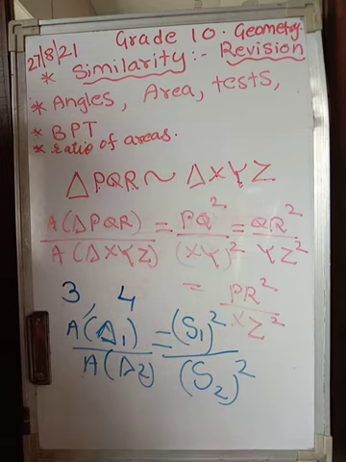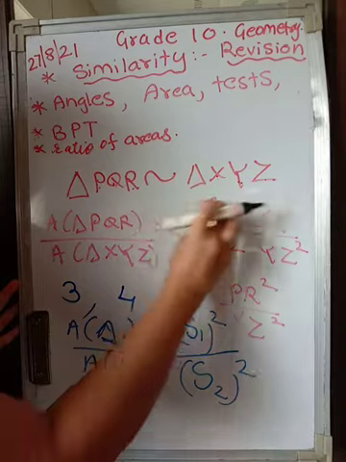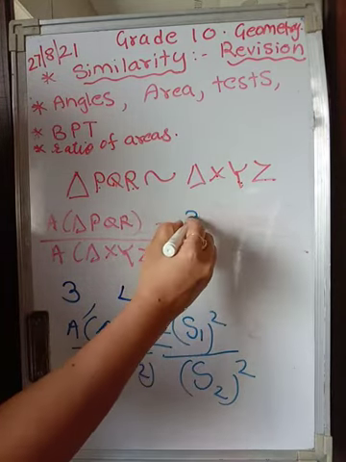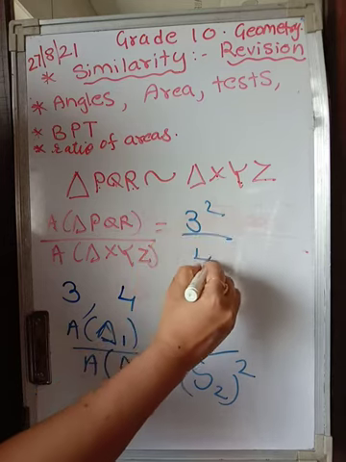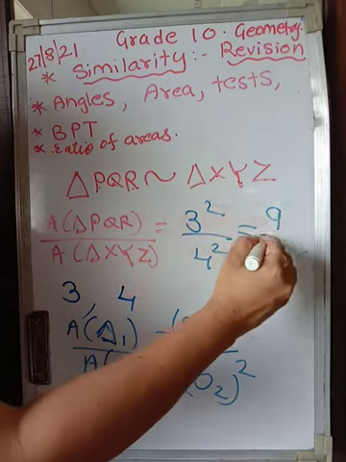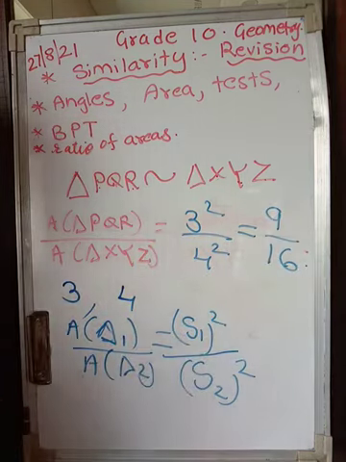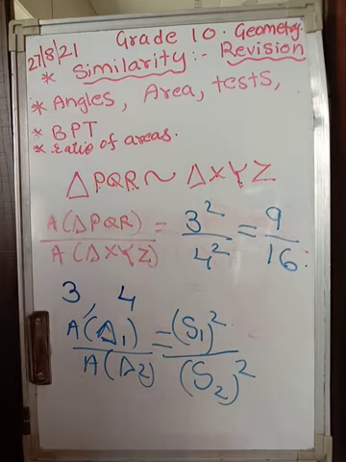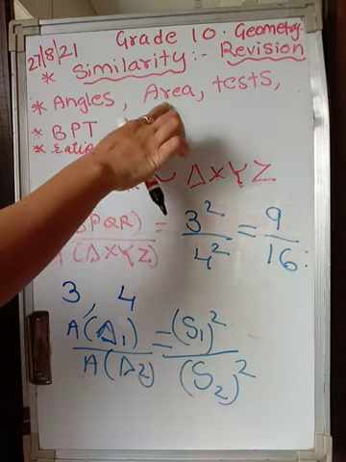So one is 3 and the other is 4. So how will you write? That is equal to 3 square upon 4 square. So that is nothing but 9 upon 16. Have you understood? If names of triangles are given, well and good. If they are not given, you can say triangle 1 and triangle 2. Okay, so I think angles are clear, area is clear.